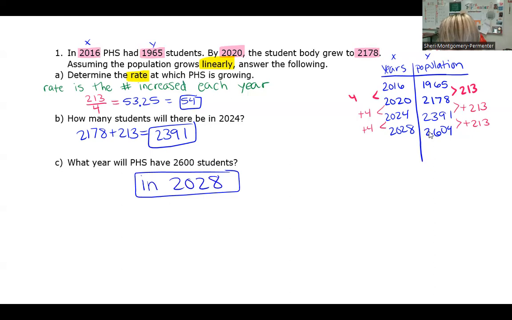You have 2 more problems on this page. They solve the same way. The only difference is sometimes you have to increase by 1 year each time.